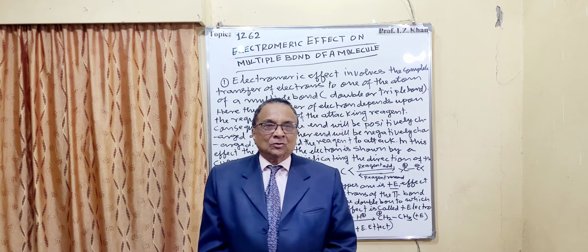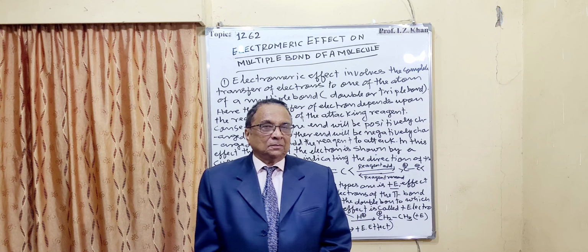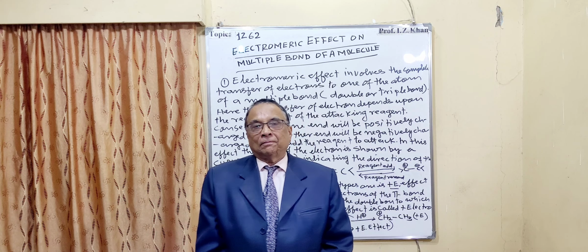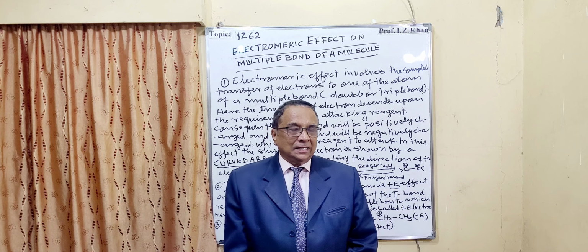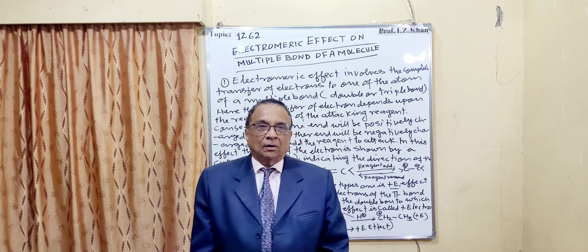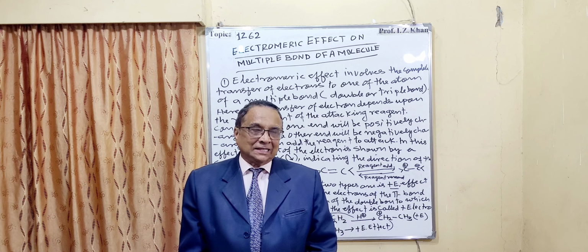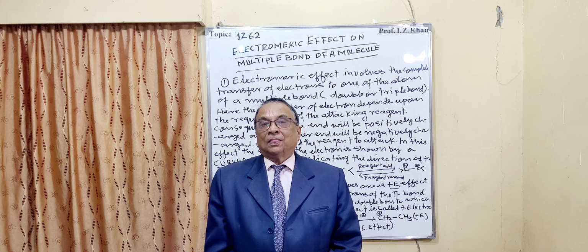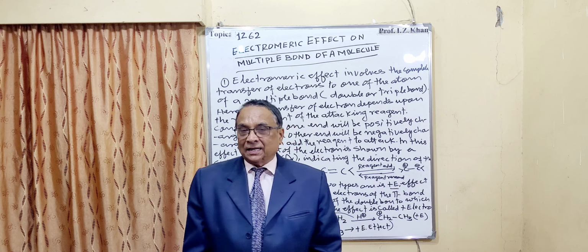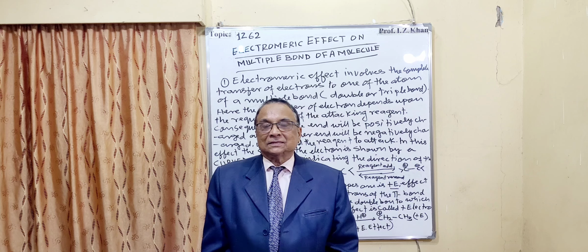Here I am going to discuss the positive electromeric effect, which we can see in a carbon-carbon double bond on the demand of an acidic medium, that is H positive. H positive means it is without any electron, so where it attacks, it will receive the electron from that center.